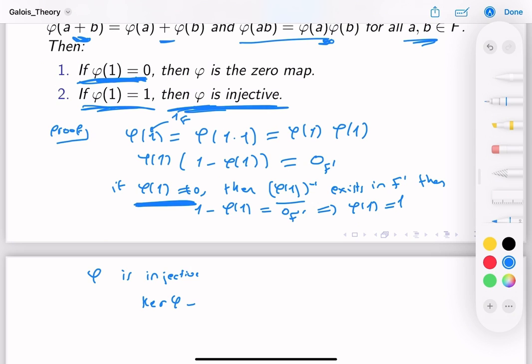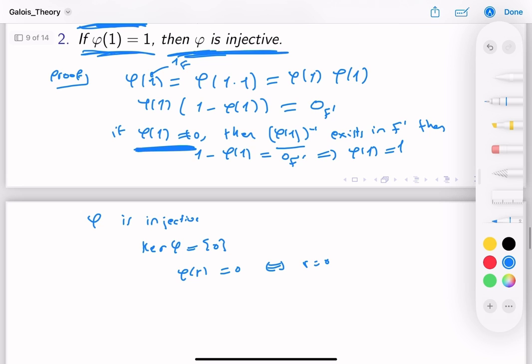And to prove that the kernel of phi is 0, it suffices to prove that phi of r is 0 if and only if r is 0. Now this direction is trivial, because it is by definition of ring homomorphism, just as I showed you: phi of 0 is automatically 0.